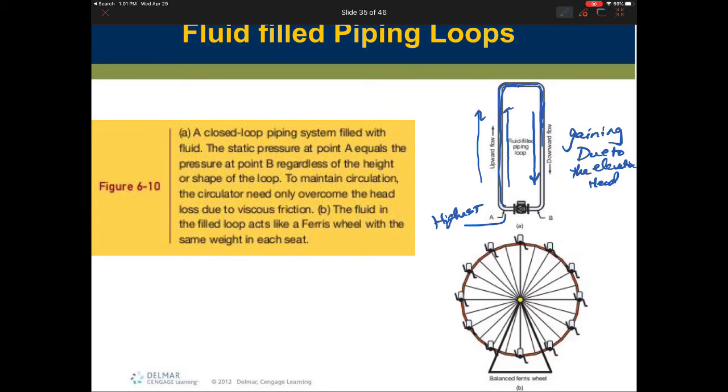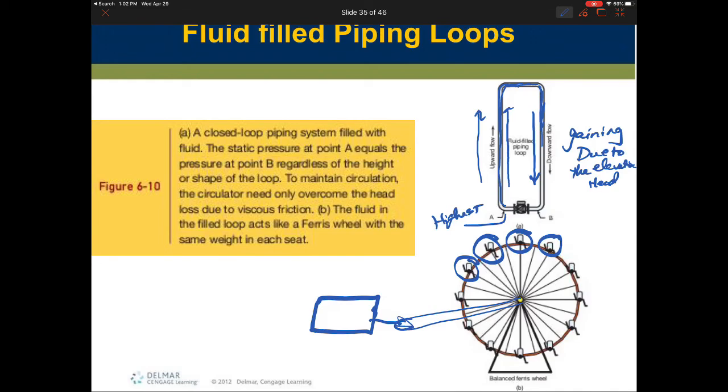Now, why is this important? Let's look at the Ferris wheel analogy. If I were to put equally weighted people in every one of these carts, all I would have to do is this: the motor that drives this Ferris wheel, I'm going to put a little belt on this thing, and here's my little motor.